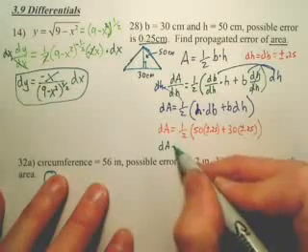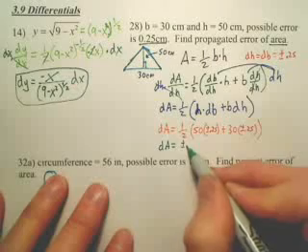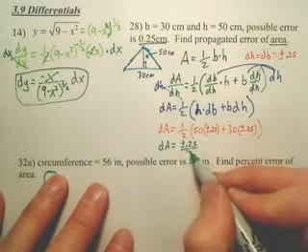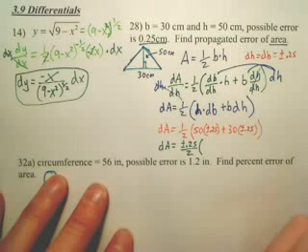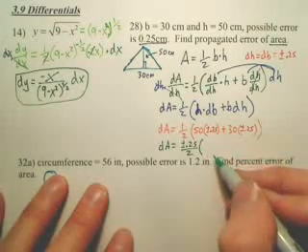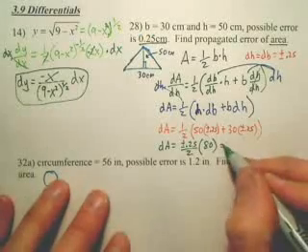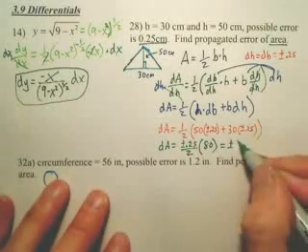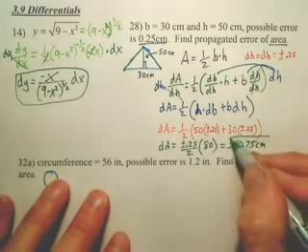My dA is going to be plus or minus 0.25 over 2, and what's 50 plus 30? 80. When you solve that, you end up with positive or negative 10.75 centimeters.